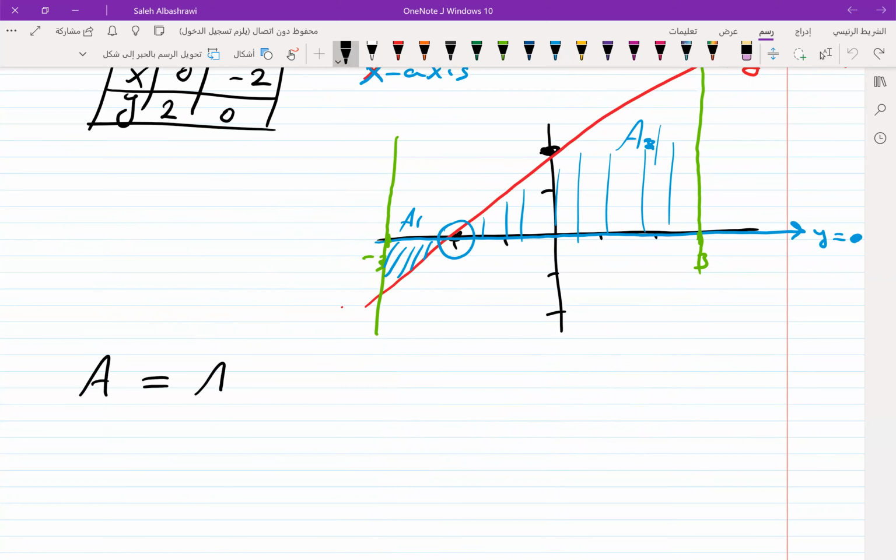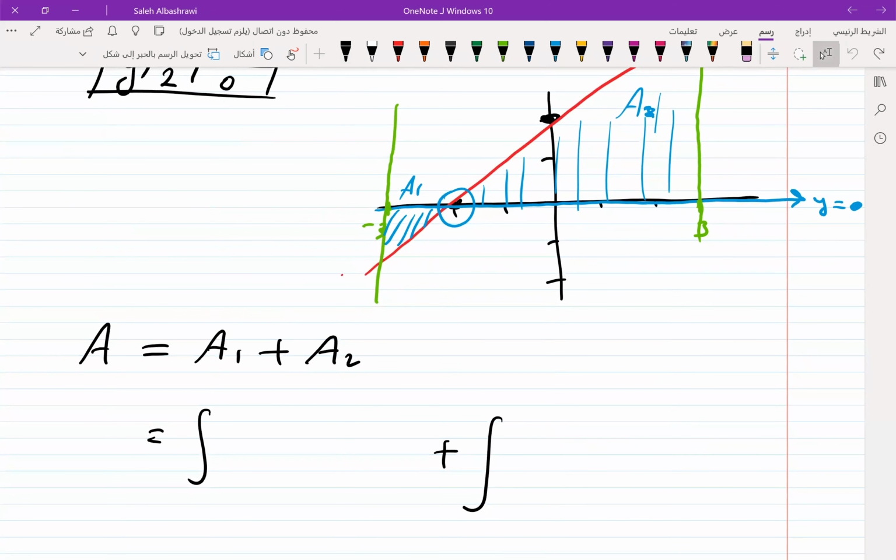So the area of this region equals A1 plus A2, which means I have 2 integrations. For the first area, A1, which is this part, the lower limit is minus 3.